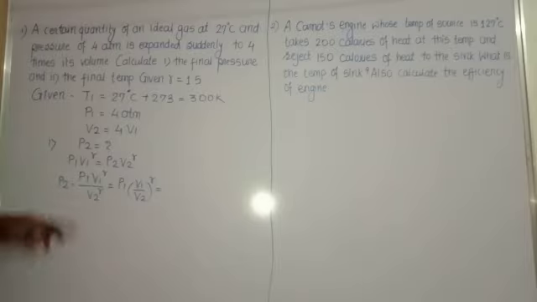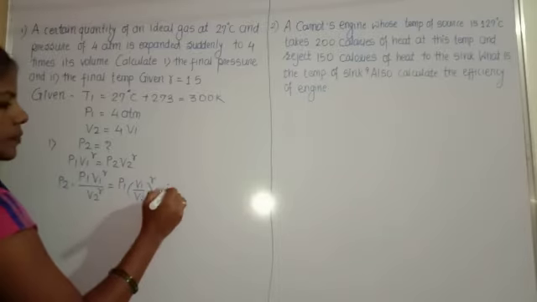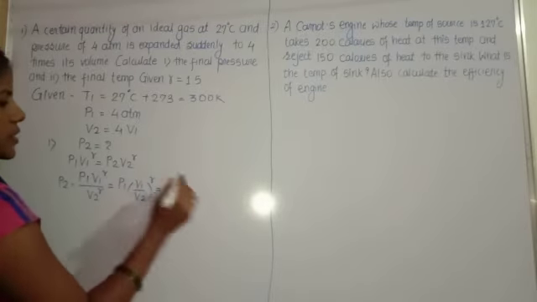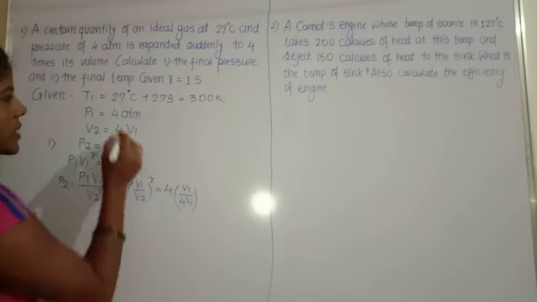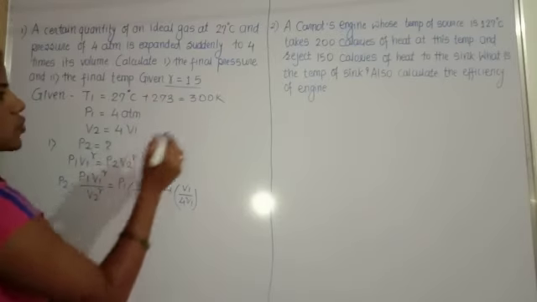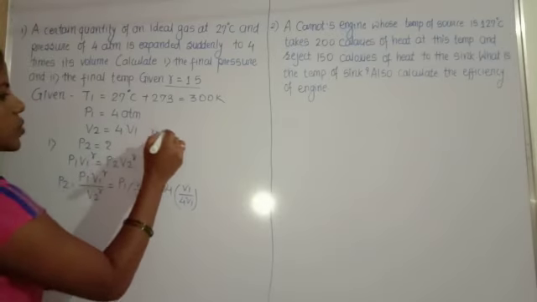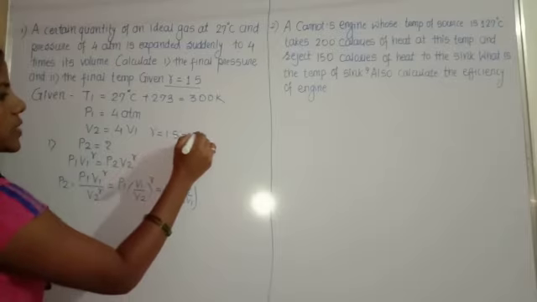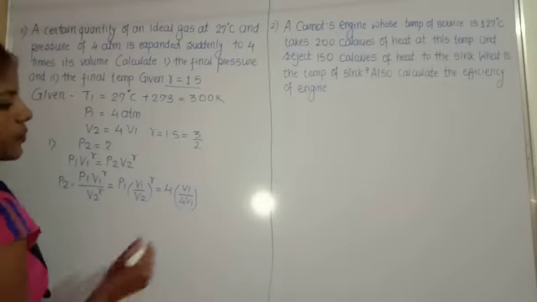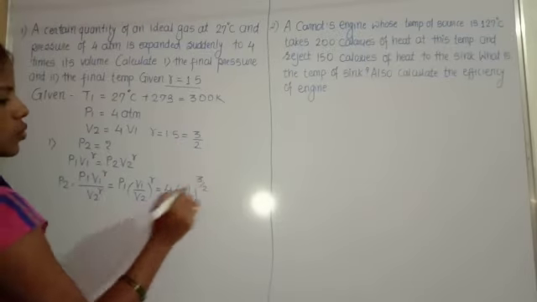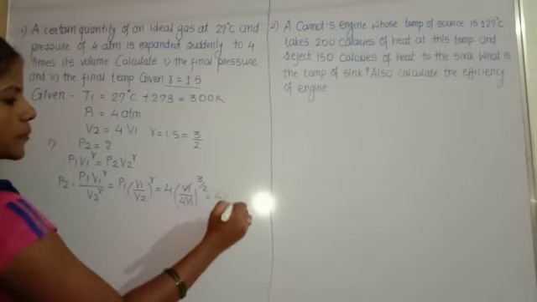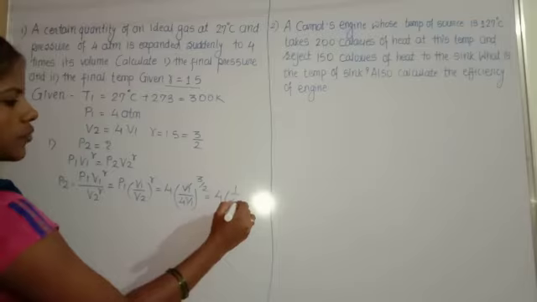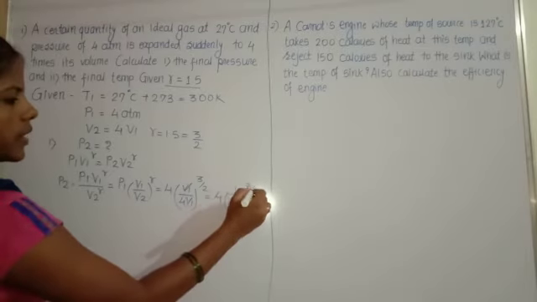So the value of P1 is 4, V1 is V1 and V2 is 4 V1, and gamma is given, gamma is equal to 1.5, which we write as 3 divided by 2. Here V1 cancels, we get 4 times (1 by 4) to the power 3 by 2.